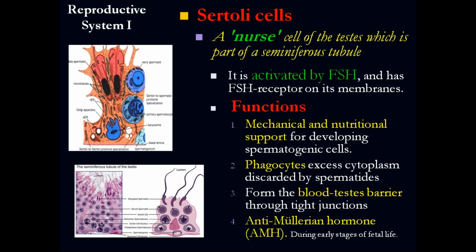All right, so let's talk about the first cells that we have inside the seminiferous tubules, and that is what we call the nursing cells, or the sustentacular cells. Let me see if I can write it down, the sustentacular, just a moment.